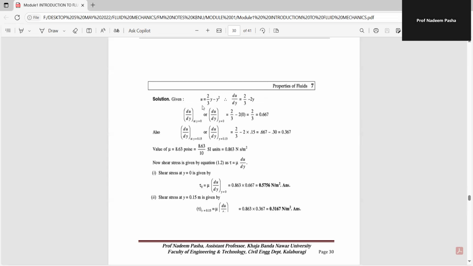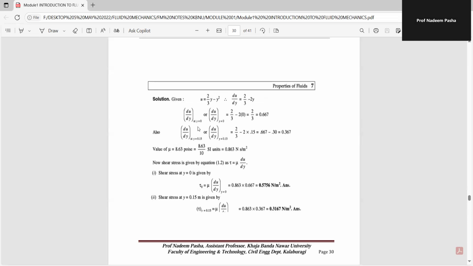So this is first u is equal to 2/3 y minus y square. We need to differentiate this with respect to y. So du/dy is equal to 2/3, differentiation of y is 1, minus differentiation of y square is 2y.